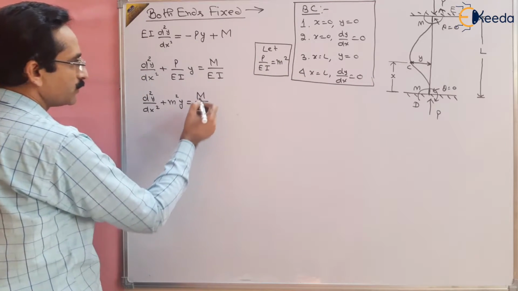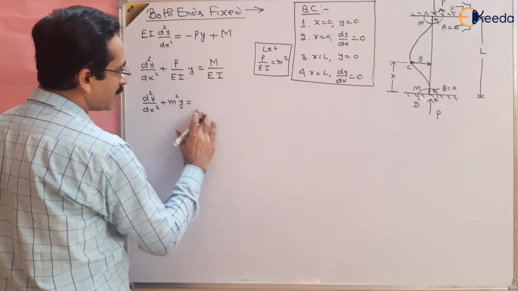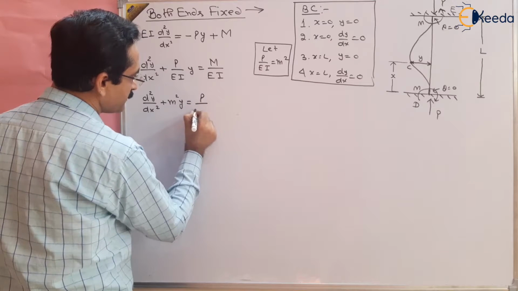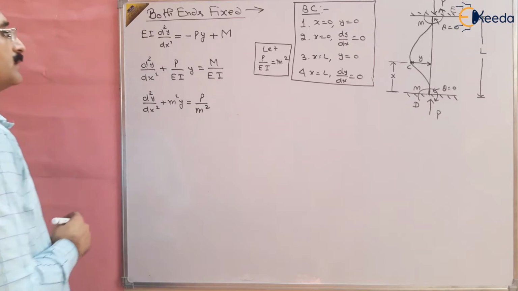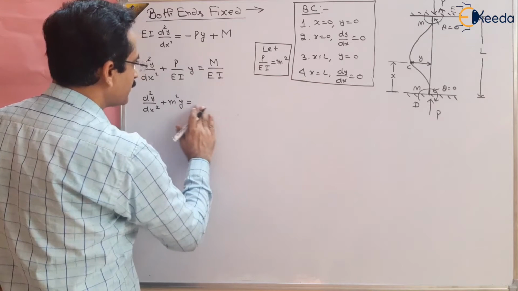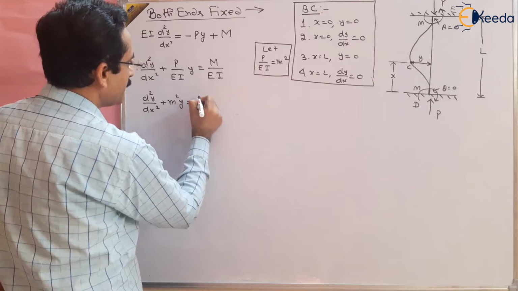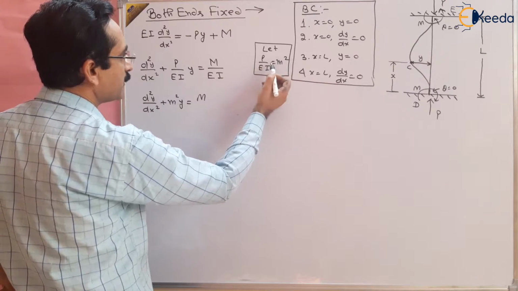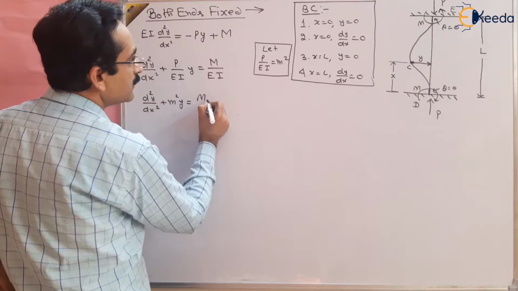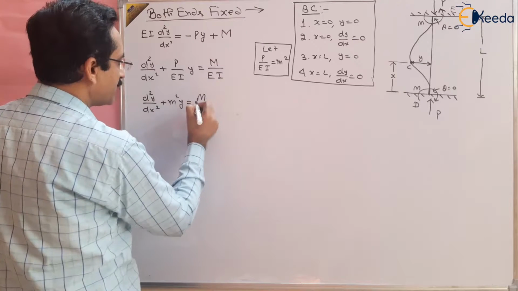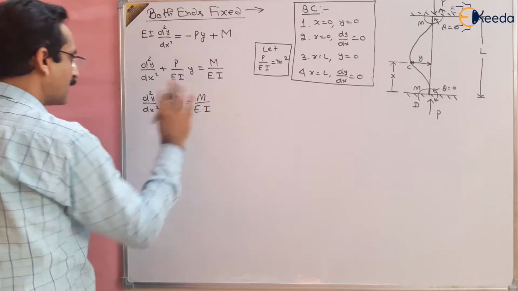So M by EI can also be written as M m square by P. Leave it, remain it as it is, right?